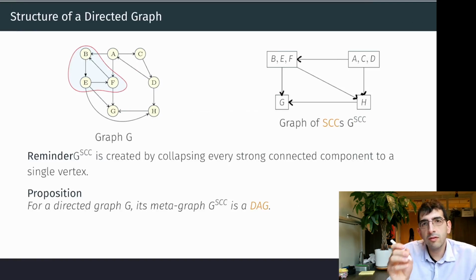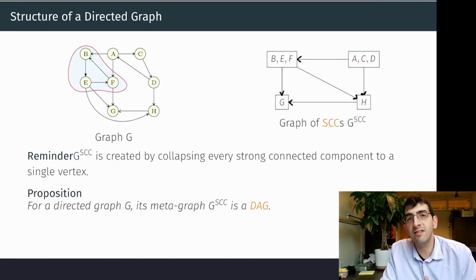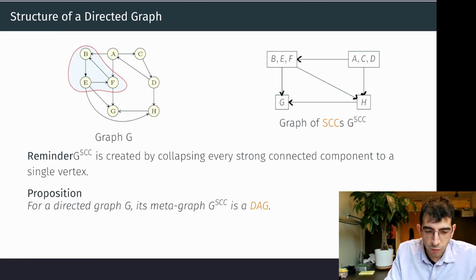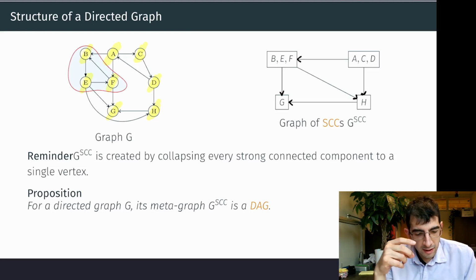If we choose a vertex at random, for instance vertex A, and we want to calculate the SCC of vertex A, the first thing we do is run DFS on A. If we run DFS on A, we end up visiting A and C and D and H and G, and also B and E and F. We end up visiting every single vertex in the graph.